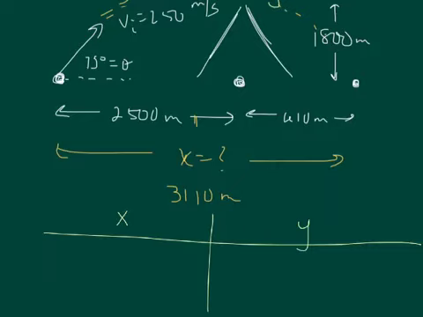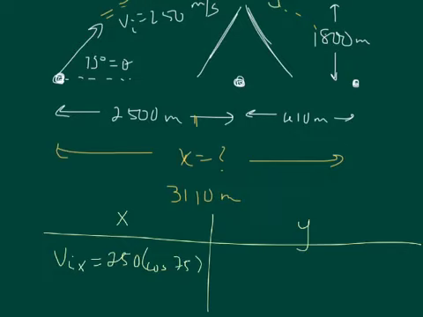So what do we know in this problem? Give me some information in the x direction first. What is VIX? 250 times cosine 75. Very good. Remember, VIX is whatever VI is, 250, times the cosine of the angle, which is 75.